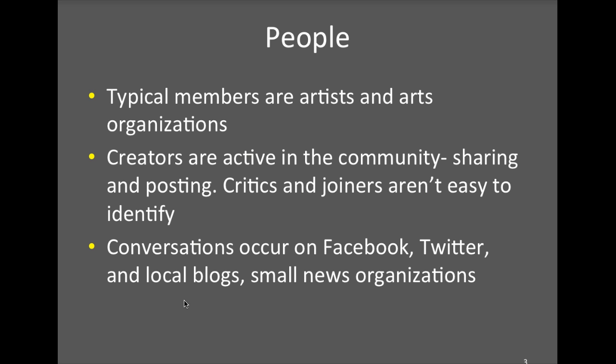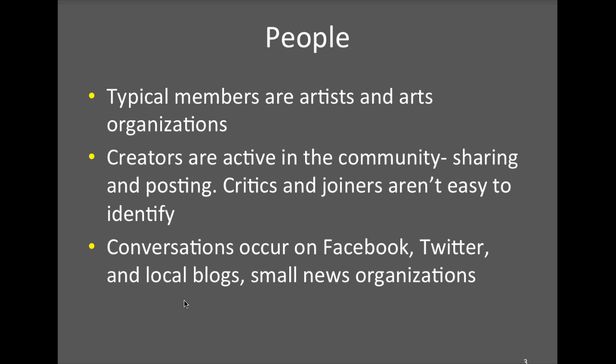Now, in terms of where these conversations occur and the most popular platforms, Facebook, Twitter, and local blogs are very popular. And then there's smaller news organizations like the New Haven Independent or CT Arts List, that has a blog that maintains conversations and news about arts in Connecticut.